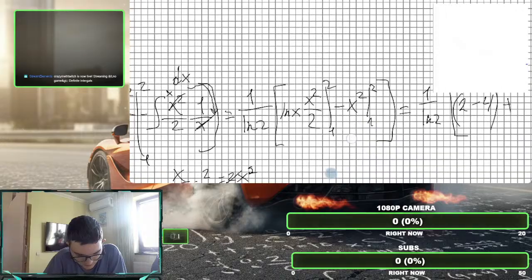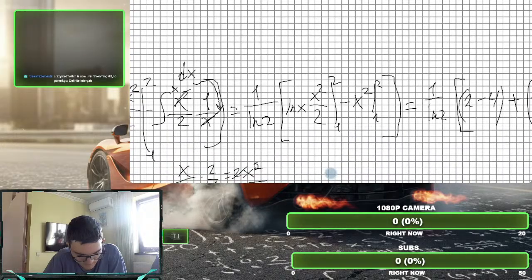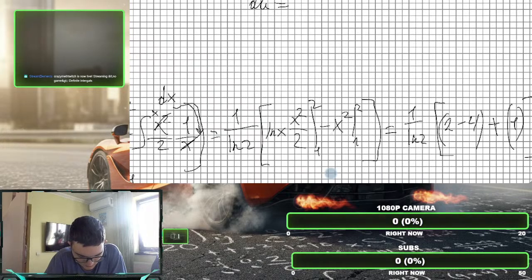And you integrate that, and you would have x at the second power divided by 2, so you'd have x at the second power divided by 4. Yeah, this is what I'd have here, I think.